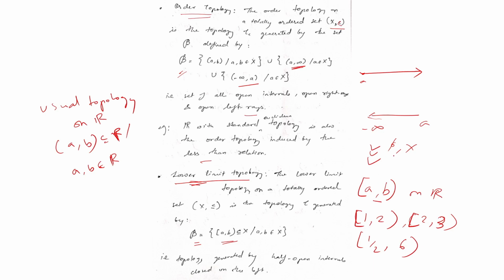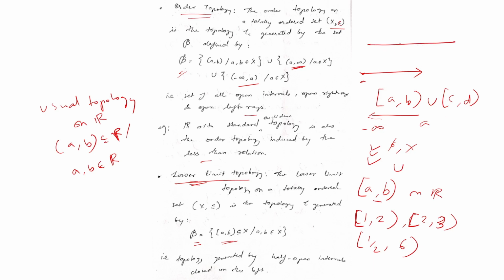Secondly, if you take the union of members of the set, then its union should also belong to that set. So any union of sets of this kind will also belong in this set only, right?